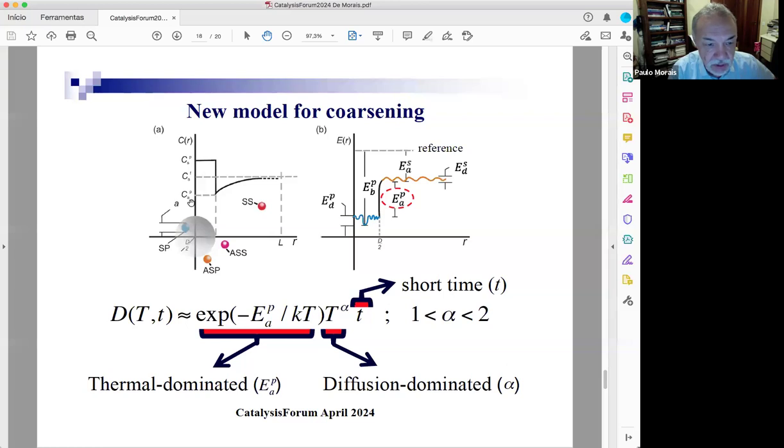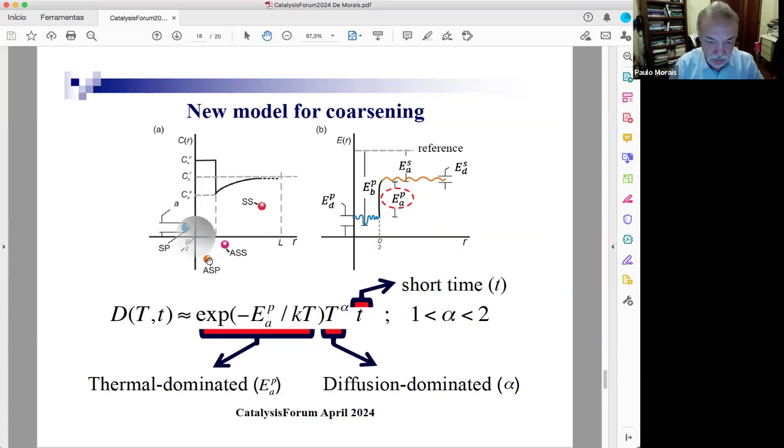And then we can calculate the concentration of all these species as a function of position. And then on the right-hand side, you can see the typical energy. The important one is the energy barrier to cross from the added species in suspension to the added species in the particle.